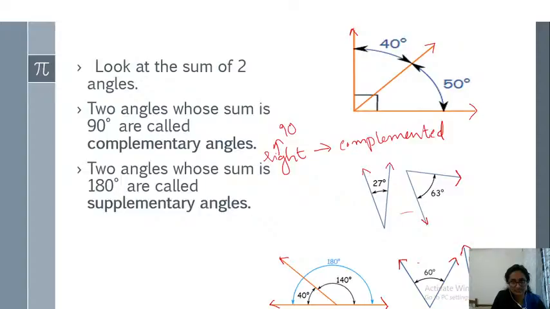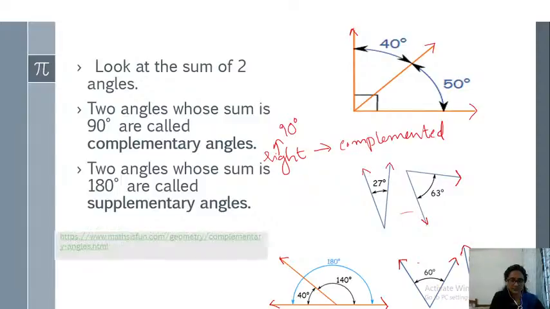In geometry especially, we will refer a 90 degree angle as a right angle. So, right means 90 for us mathematicians. So, you can remember this: if you are saying something right, you get complimented. So, right complimented, 90 degree, complementary. So, remember it like this, guys.